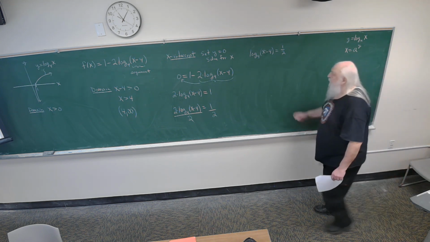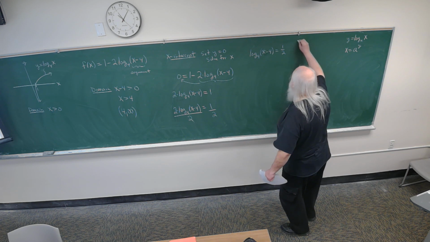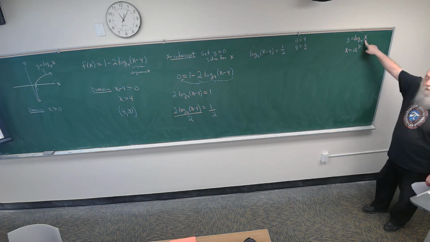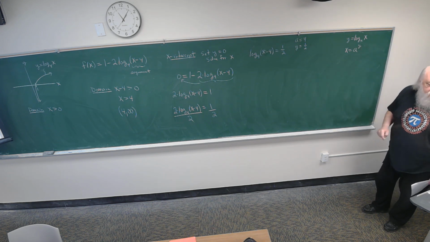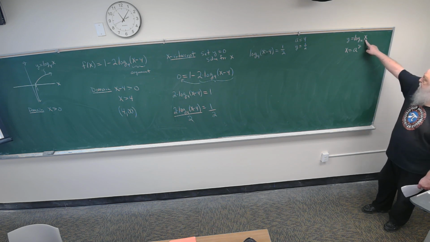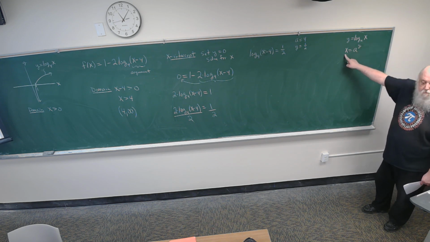Well, in this case, the base a is equal to 4, and the exponent y is 1/2. What's different is the input x has been changed to x minus 4. So if we have x minus 4 here, we have x minus 4 here in the exponential.